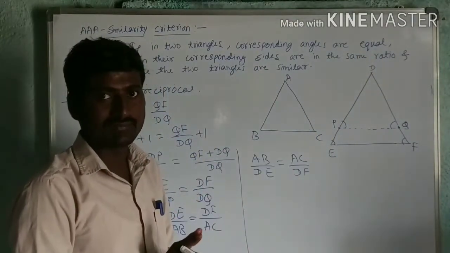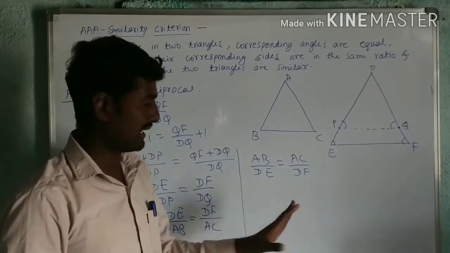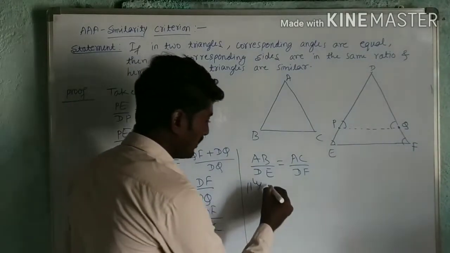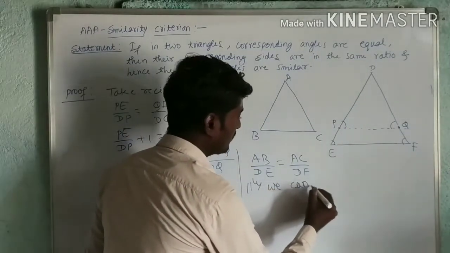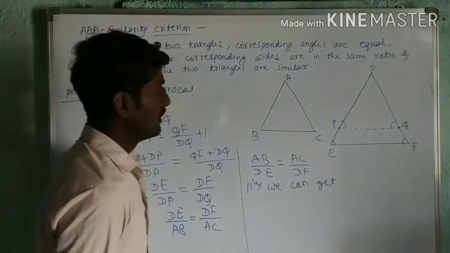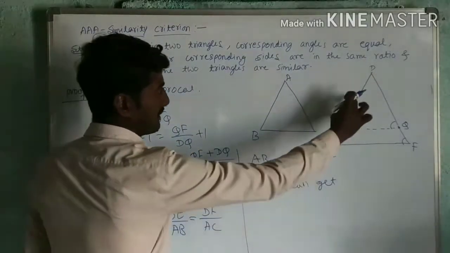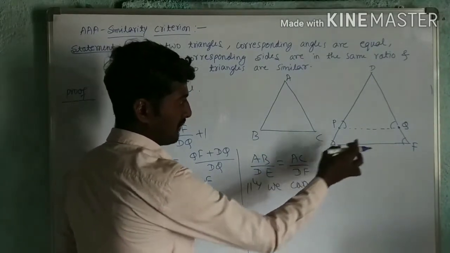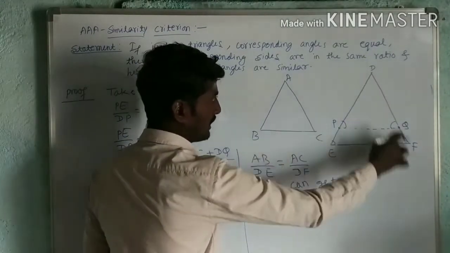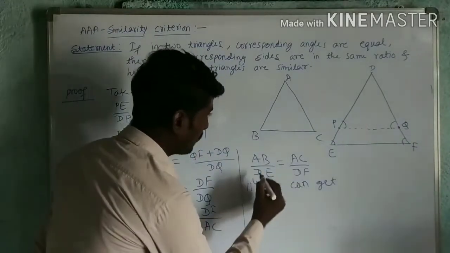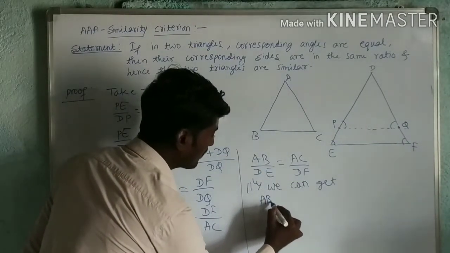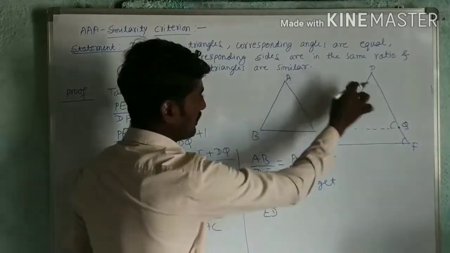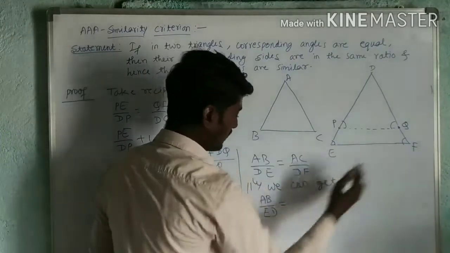Combining all those three conditions, I can write similarly. First, I'll take PQ parallel to DF. What will become? BA divided by ED is equal to BC divided by EF.